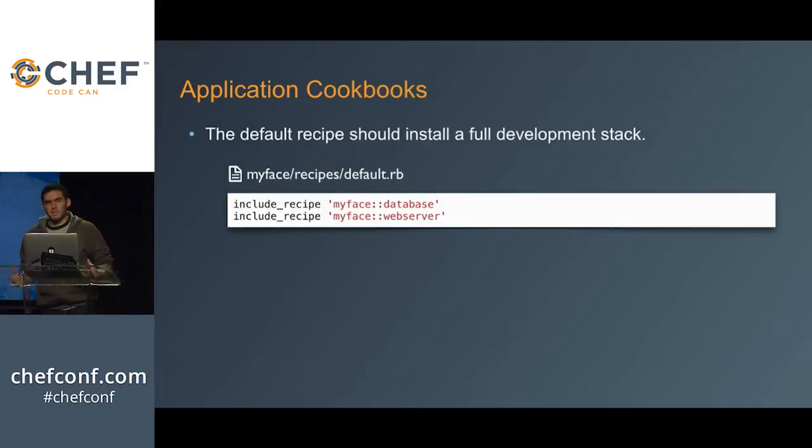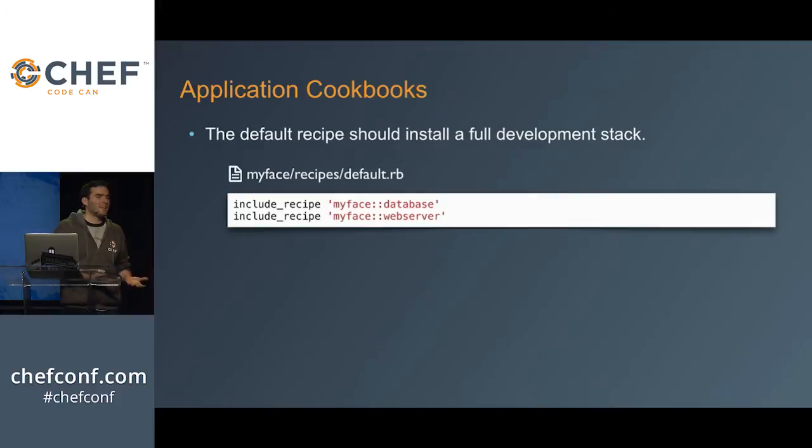And the nice thing about this is that you can use it with this model. You can give this cookbook to your application developers, your actual app developers, and they can use this to launch up a VM on their local machine and deploy their code directly into that. They don't need a live environment. They don't need to configure their own workstation to the best of their ability to match the production environment.